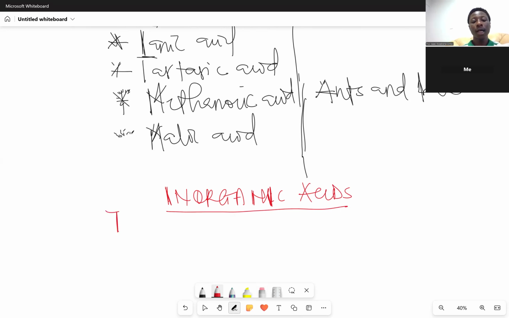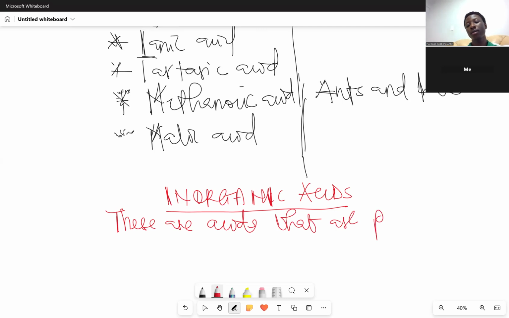Okay, so these are acids that are prepared in the laboratory.